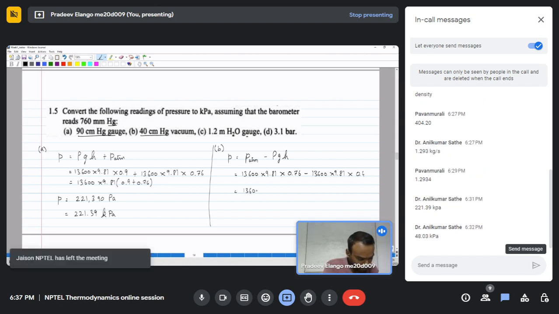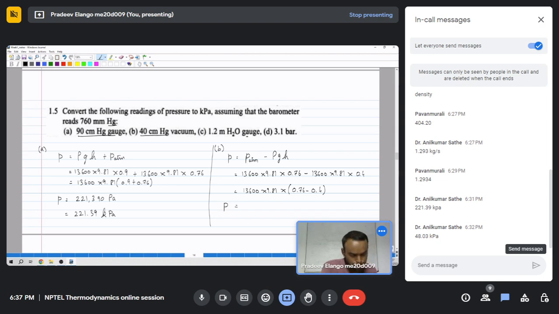Simplifying, we have 13,600 into 9.81 into (0.76 minus 0.4). This directly gives 48,003 pascals, that is 48.03 kilopascal. Atmospheric pressure will be roughly 101 kilopascal. Now the absolute pressure has become less than the atmosphere, so that is what we call vacuum pressure.